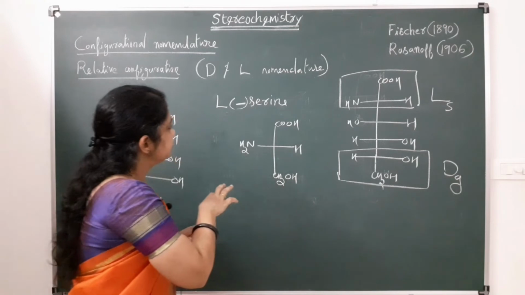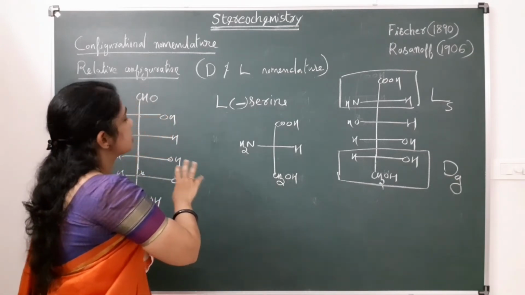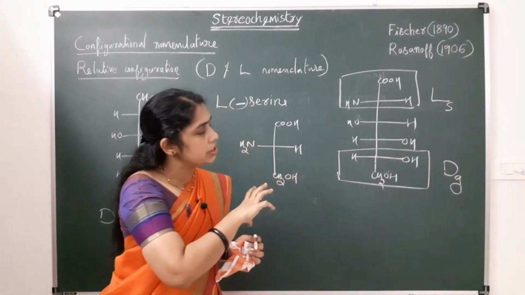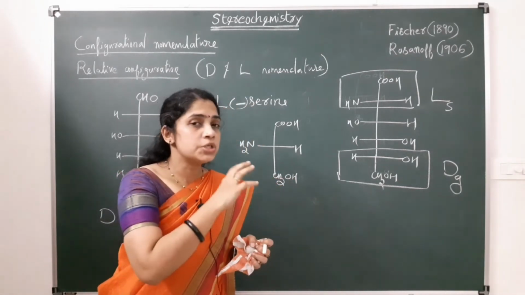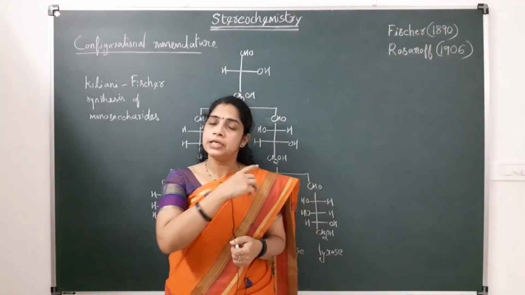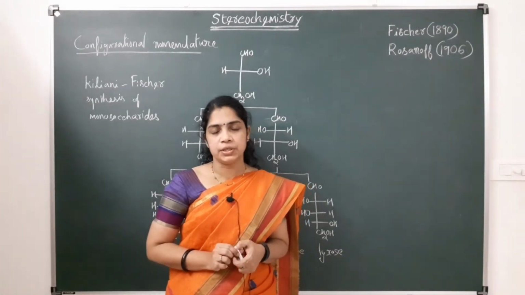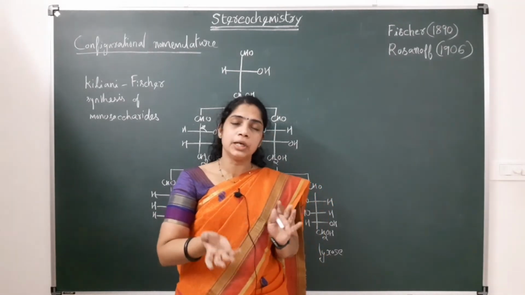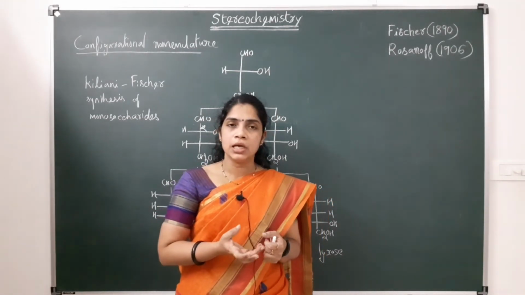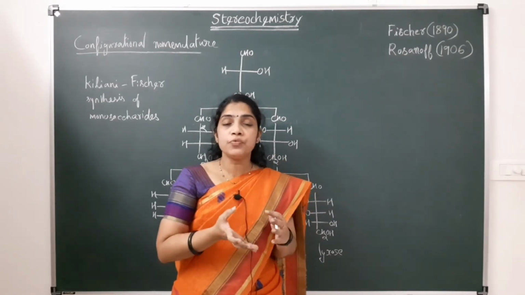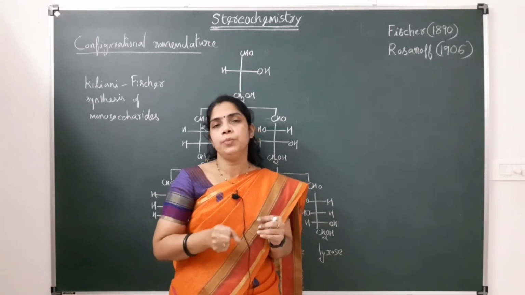So that is about this relative configuration, which is suitable for sugar and amino acid molecules. What is the advantage of this D and L system of nomenclature? We have seen certain limitations in the case of certain molecules, but this D and L system of nomenclature is useful in the case of these sugar molecules.